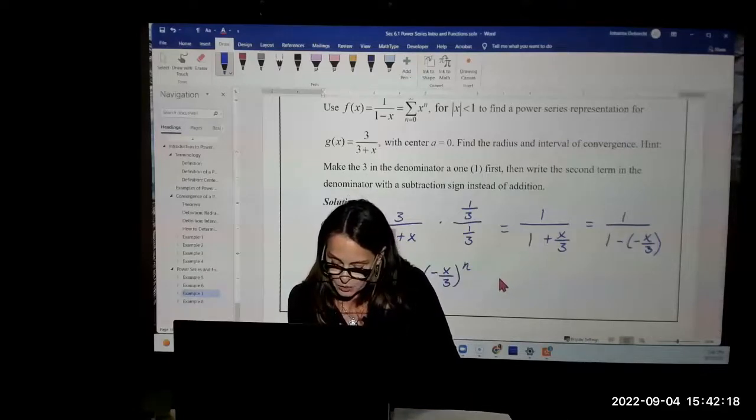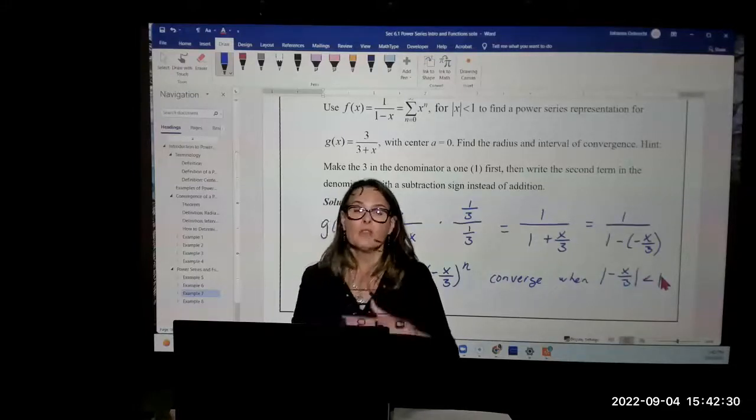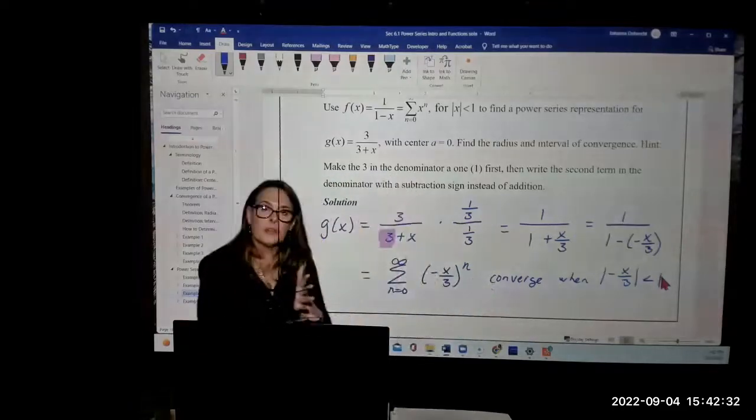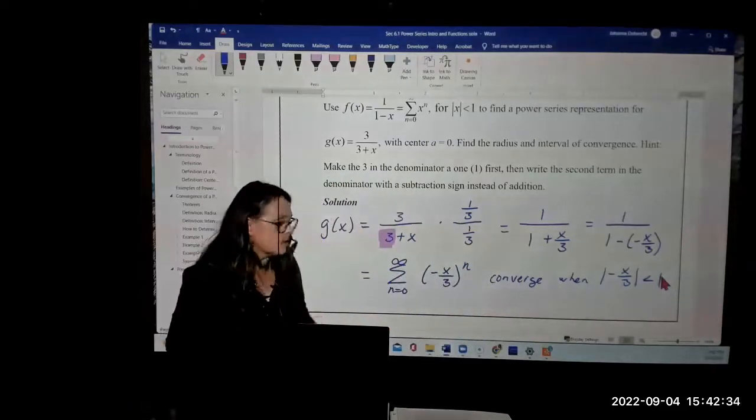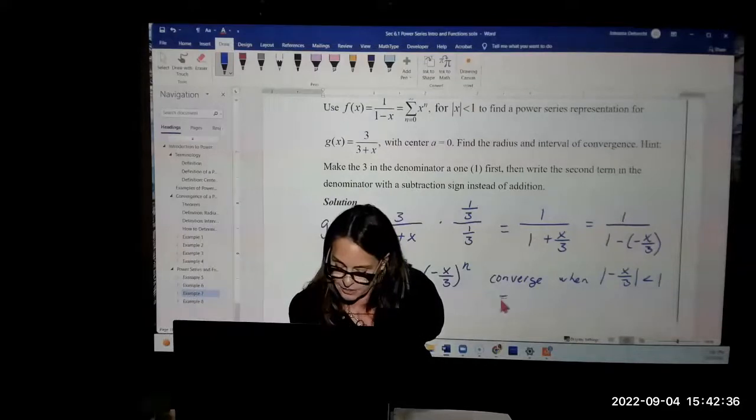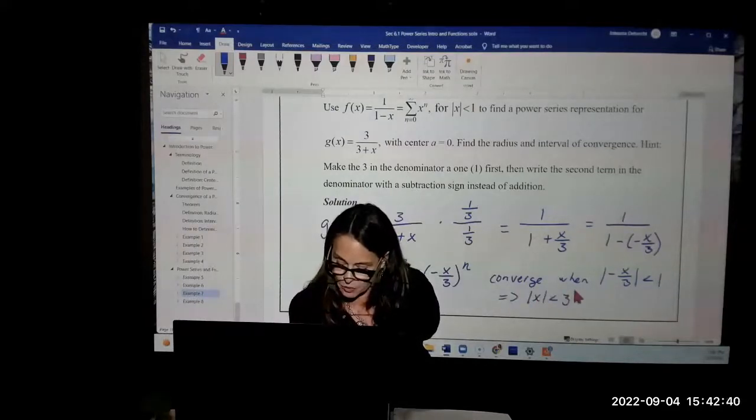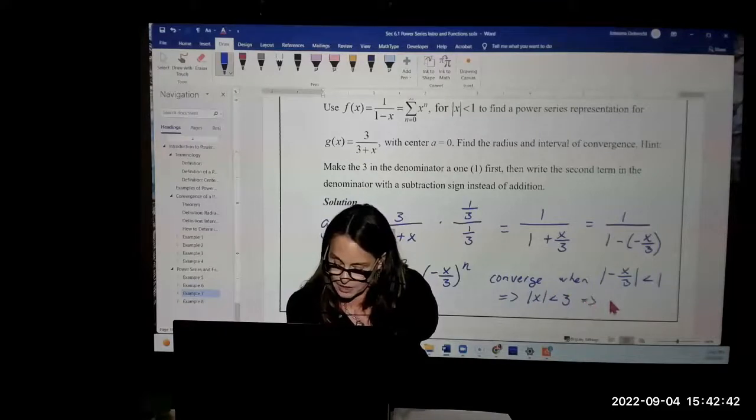We know that this is going to converge to that expression for g when the magnitude of negative x over 3 is less than 1. Now we can drop the negative and we can pull the 3 out and move it to the other side of the inequality. And this, of course, happens when the magnitude of x is less than 3, which basically tells me that it's going to converge between negative 3 and 3.